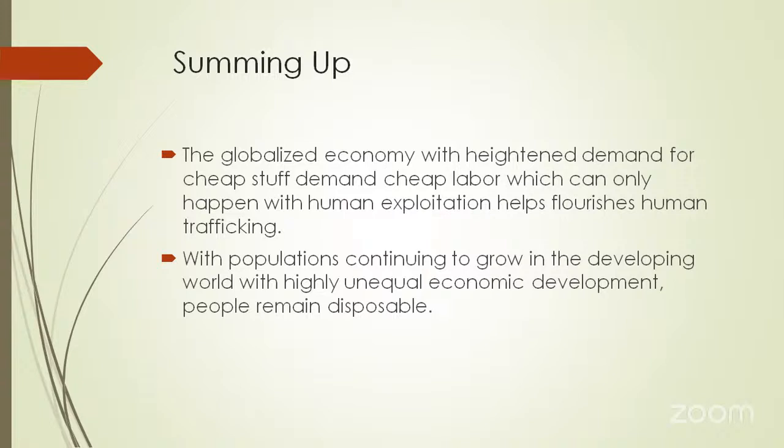And whenever there is unequal development, if you look at the way water flows, it flows from where there is more pressure to where there is less pressure. So if there is more population in the developing world, and the developed world has got more amenities with less population, the populations will move.